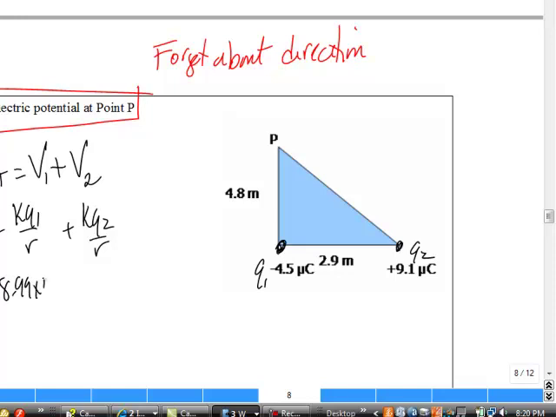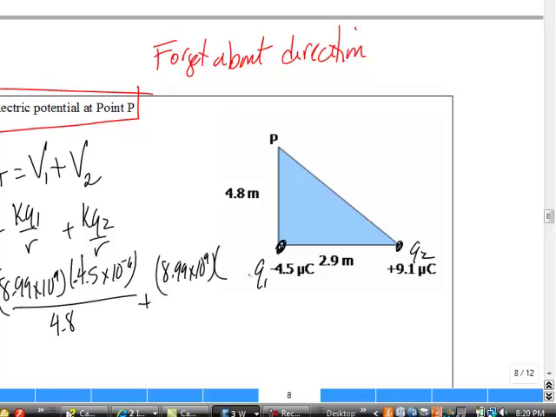And so we'll have 8.99 times 10 to the 9th times 4.5, and I got to put that negative in, times 10 to the minus 6 over 4.8. And then I'm going to have my 8.99 times 10 to the 9th times 9.1 times 10 to the minus 6. Uh-oh, what am I going to do for this distance? I don't have it, so I have to use the dreaded Pythagorean theorem.